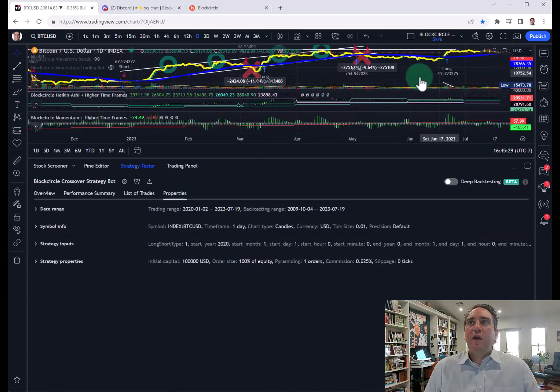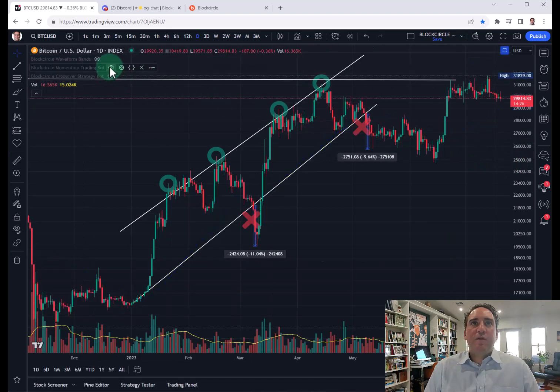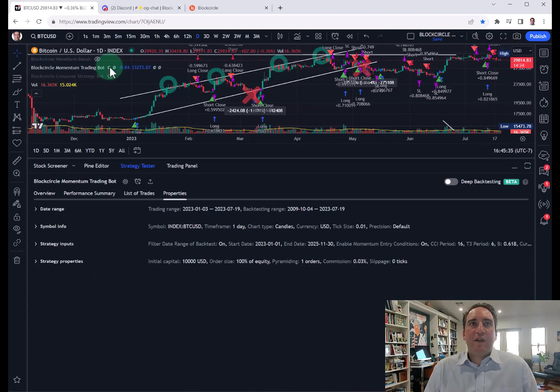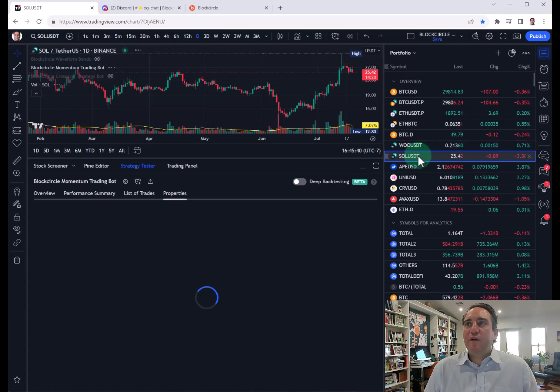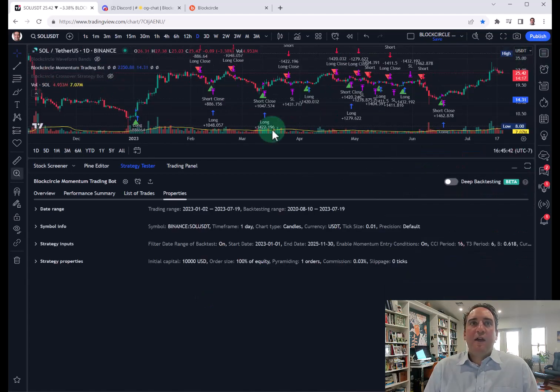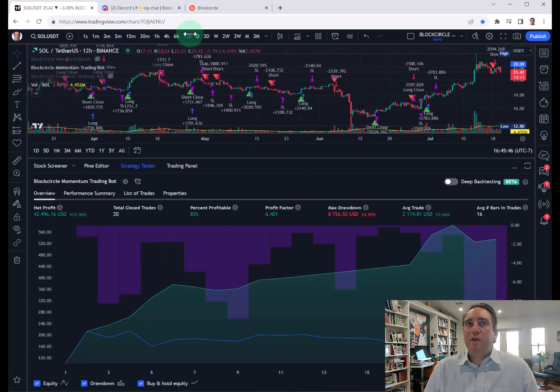Hey, so the next trading bot that I want to walk everyone through is the Blockcircle Momentum Trading Bot. So I would consider this to be our flagship. And we've already found a very profitable trading strategy that is worth looking at, that I will walk you through step by step.